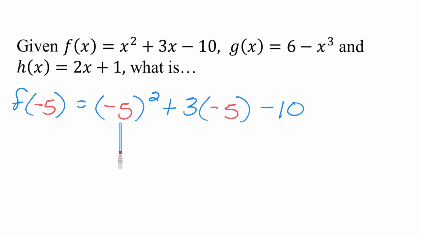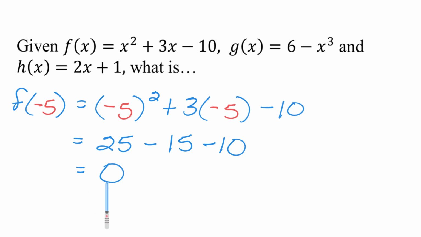That's not true. This equals positive 25. So we're going to go ahead and find out the value of f of negative 5. And so now we see that f of negative 5 equals 0. So let's go ahead and continue on.